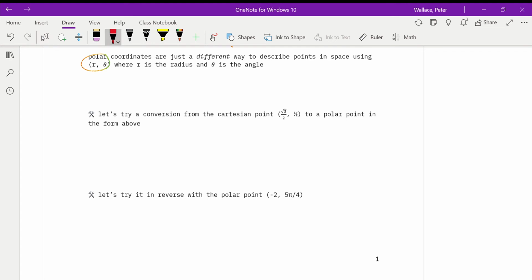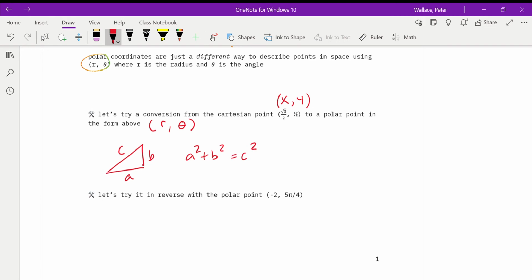So let's do a quick conversion, and maybe that will clear things up. I've got a Cartesian point, so when I say Cartesian, I mean x comma y, to a polar point in the form above. So what we're shooting for is r comma theta. What's going to be helpful for us is remembering our Pythagorean theorem. So we know that if we've got a triangle here with sides a, b, and c, a squared plus b squared equals c squared.